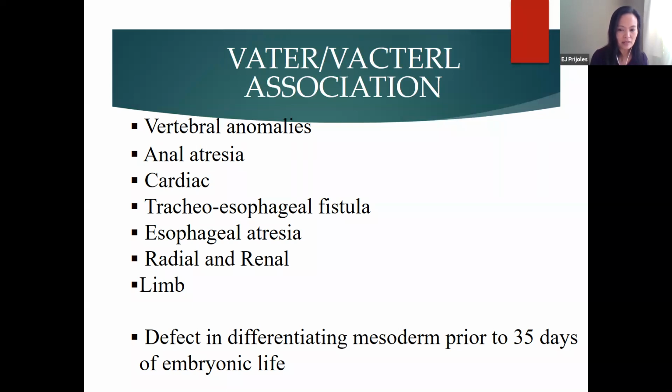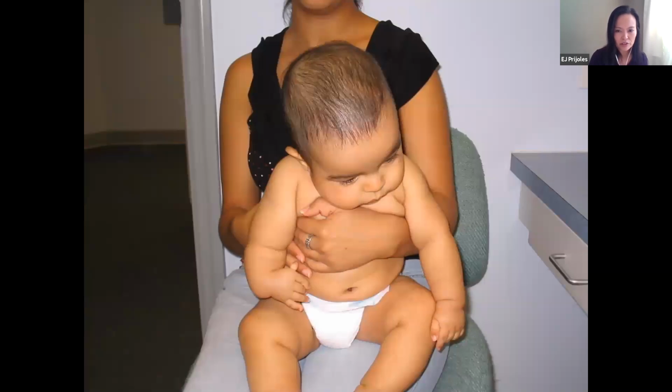Again, all of this is felt to occur, or issues with these areas are felt to occur, very early during embryonic life. And here's just an example of a child who's believed to have VACTERL, and you can see the radial anomaly here.